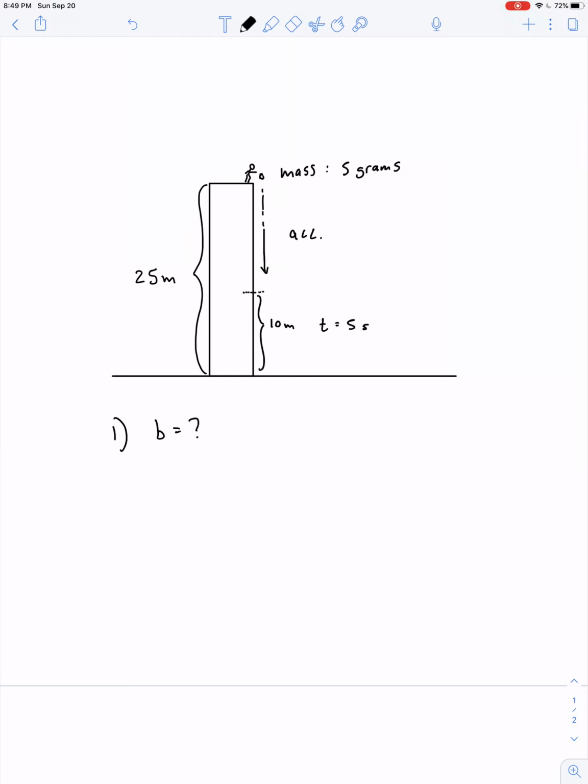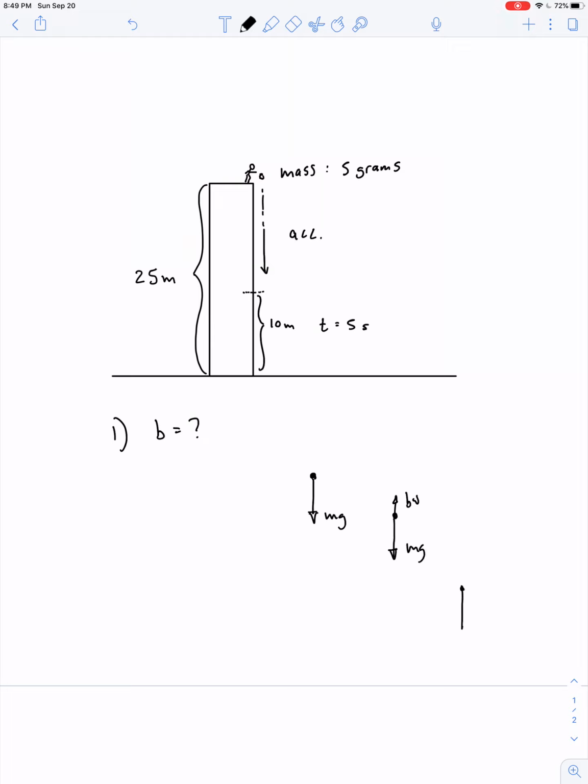Okay, so let's solve it this way. When the piece of paper is first dropped, the free body diagram is just mg pointing down. Then it falls a little bit, and there's a little bit of resistive force bv pointing up.